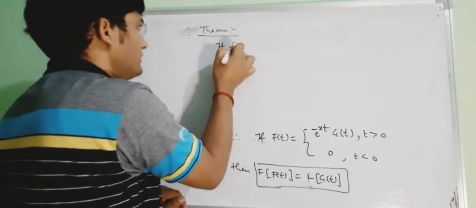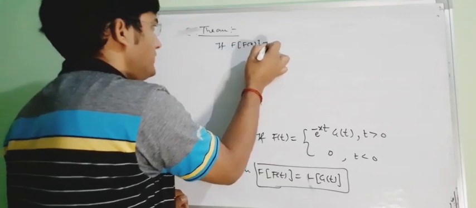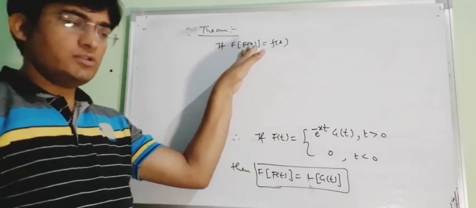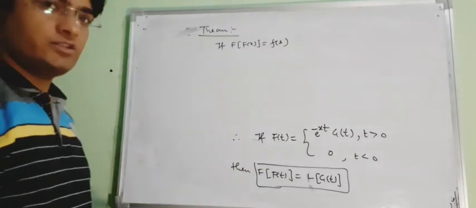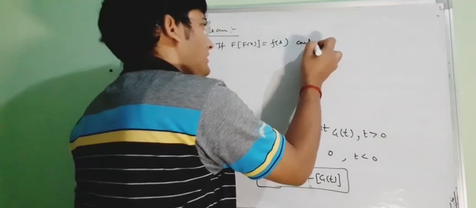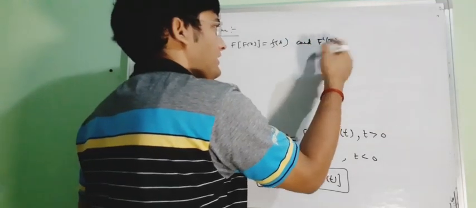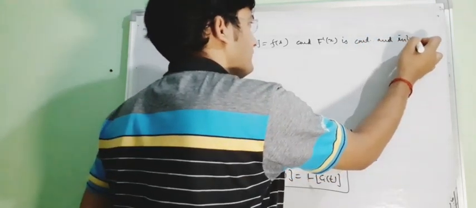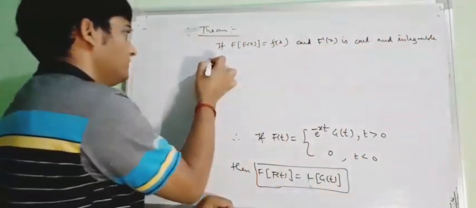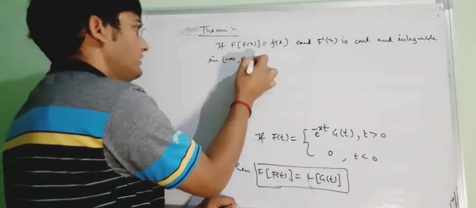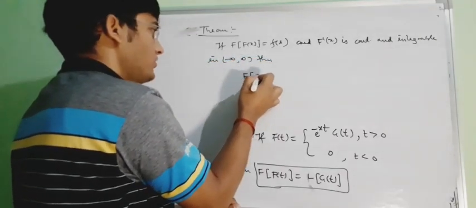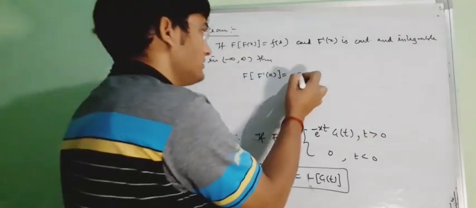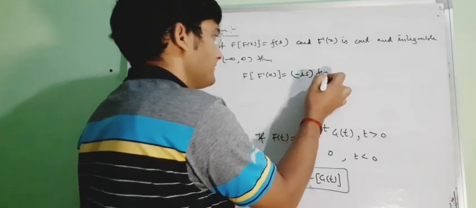So if the Fourier transformation of f(x) is F(s), that means if the function is piecewise continuous and integrable in the interval minus infinity to infinity, and let us assume the same condition for f dash, that f dash x is continuous and integrable in minus infinity to infinity, then the Fourier transformation of f dash x is equal to minus is into F(s).